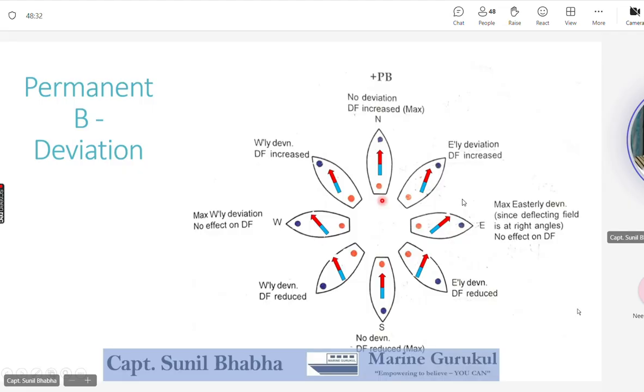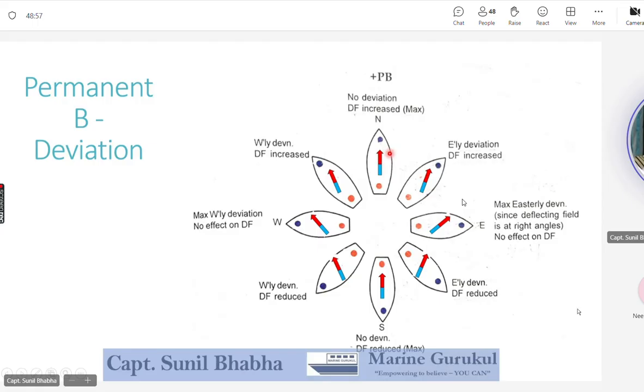Now, how is this permanent magnetic field of the ship in the horizontal, fore and aft direction going to affect our compass? Let us see it heading by heading. With the ship heading in the northerly direction, we have a blue bow and a red stern. The compass needle is shown in the middle of the ship.